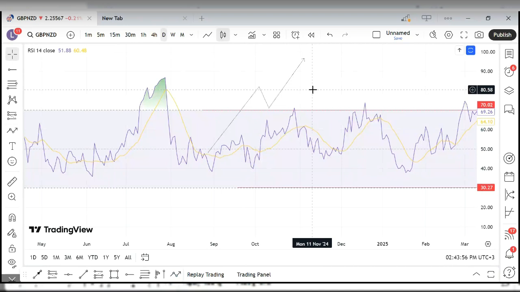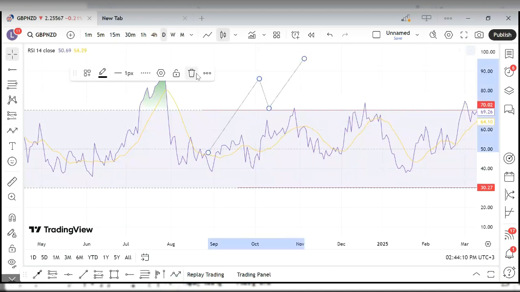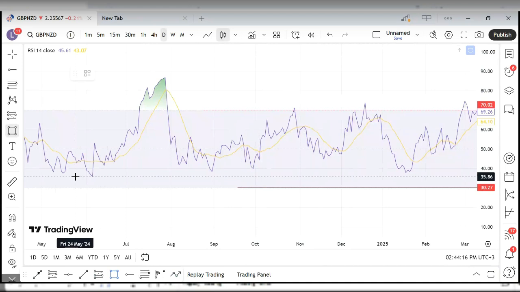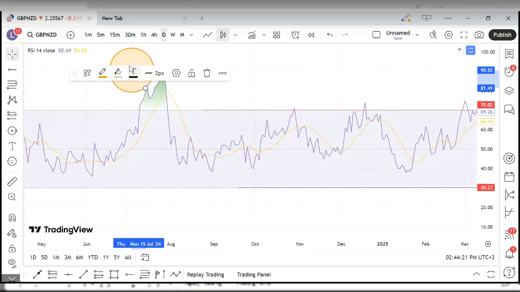So when buyers overbuy something, guess what? They need sellers to fill up their gaps, like we talked about fair value gaps in all my previous lessons. So when markets surpass the 70%, for example, here we spot a nice opportunity where the RSI broke out. It broke out at this level, around here.